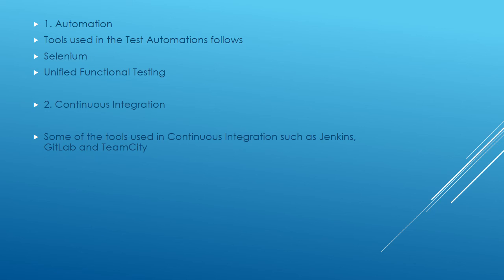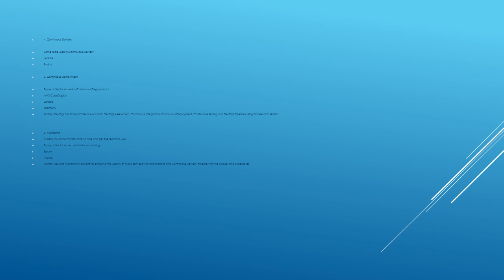And some of the tools used to continuous integration such as Jenkins, GitLab, and TeamCity like that, and continuous delivery, and some tools used in the continuous delivery like Jenkins, Buddy, and continuous development, and some of the tools used in the continuous development, and AWS, Costdeploy, and Genius, SeamCity, like that.